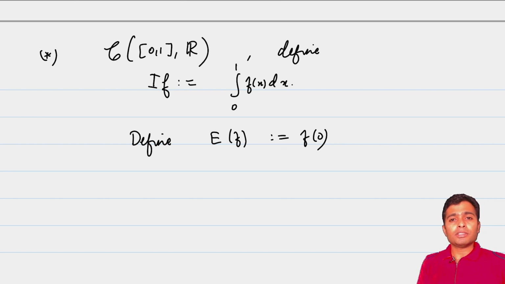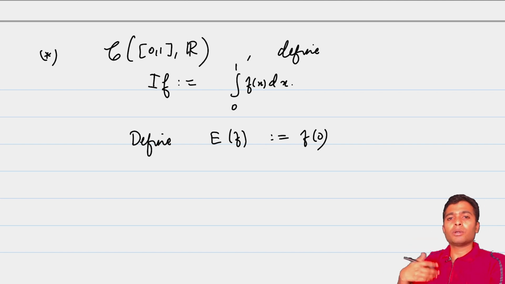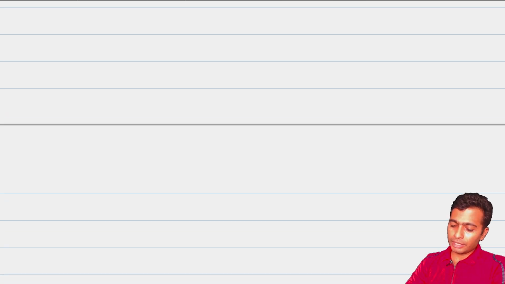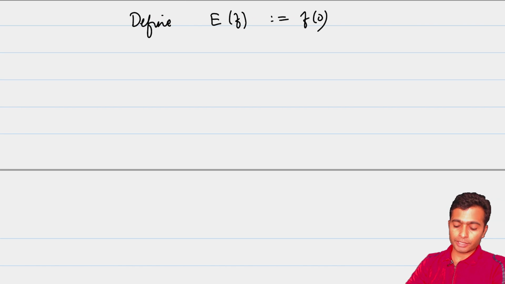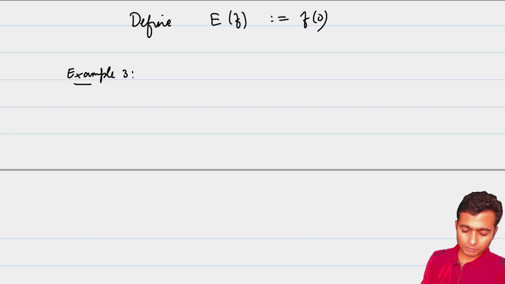In inner product spaces, we have something special. We have some special linear functionals that we can talk about, or rather we can use the inner product to define linear functionals. Remember that the inner product is linear in the first variable and conjugate linear in the second variable. So example 3.